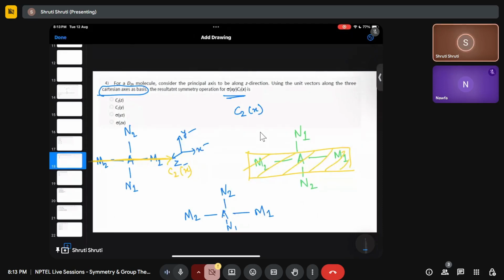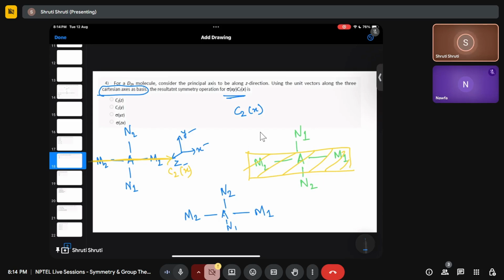Is there any role of order in the order of multiplication? It should not be. C2x is correct. Then sigma xy.